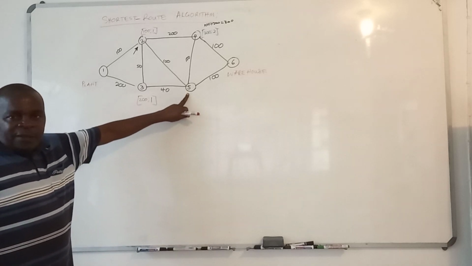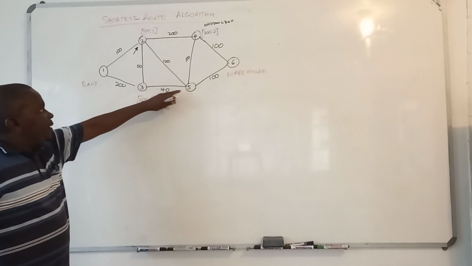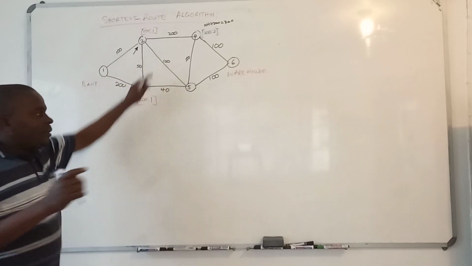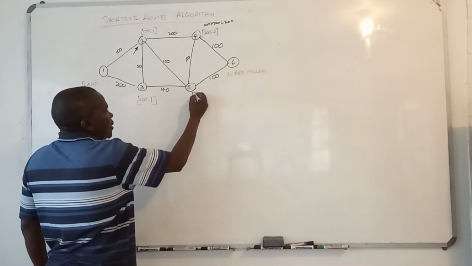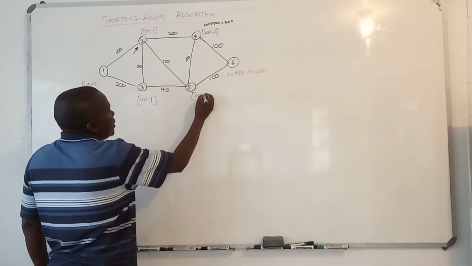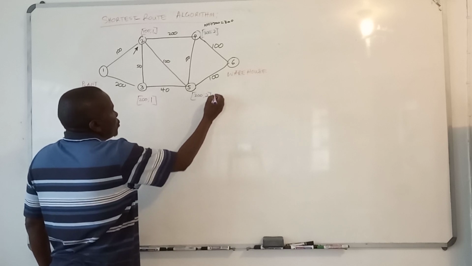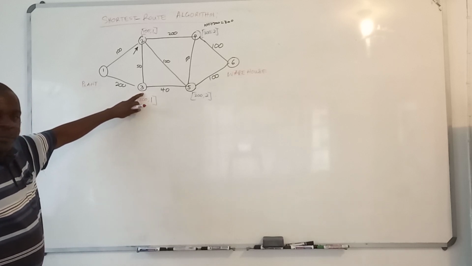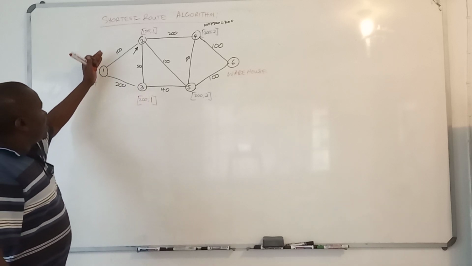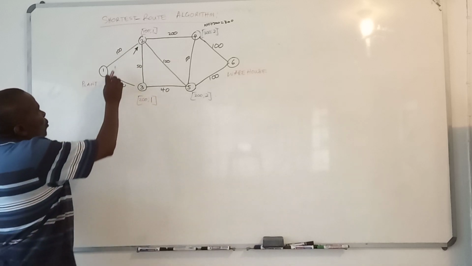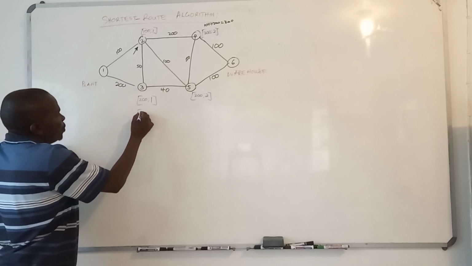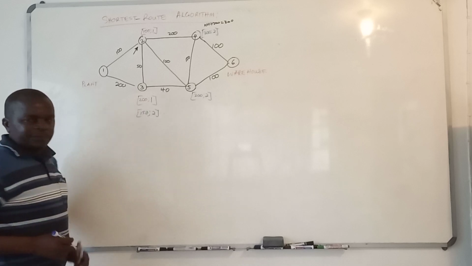Right, our label for node 5, remember we're coming from node 2, it is going to be 100 plus 100, which is 200. So the label here is going to be 200 from node 2. Node 3, so it will be node 1, 2, 3. It's going to be 100 plus 50, so here is going to be 150 from node 2.